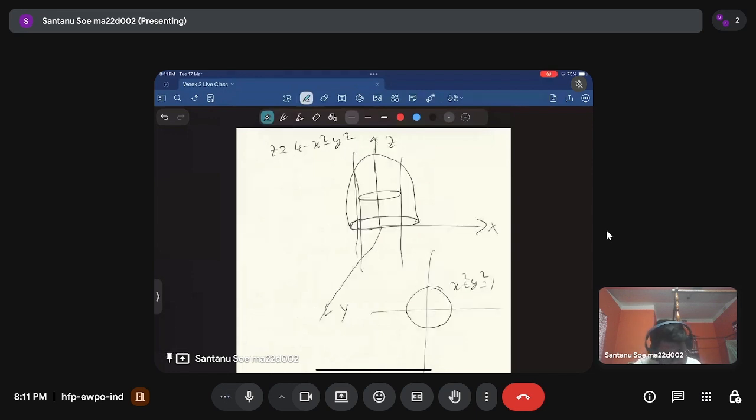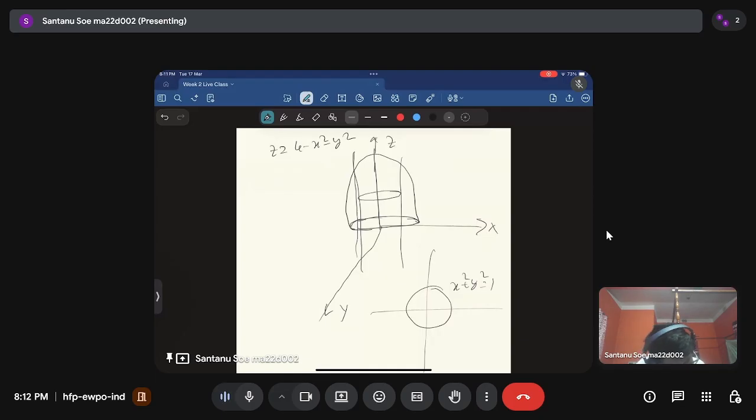This enclosed region is closed and bounded. So by the divergence theorem, this is just the integral of divergence of F dV, where z is 4 minus x square minus y square.